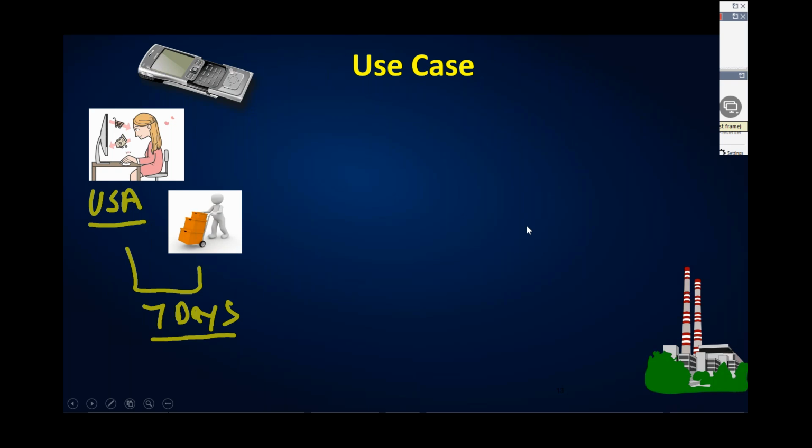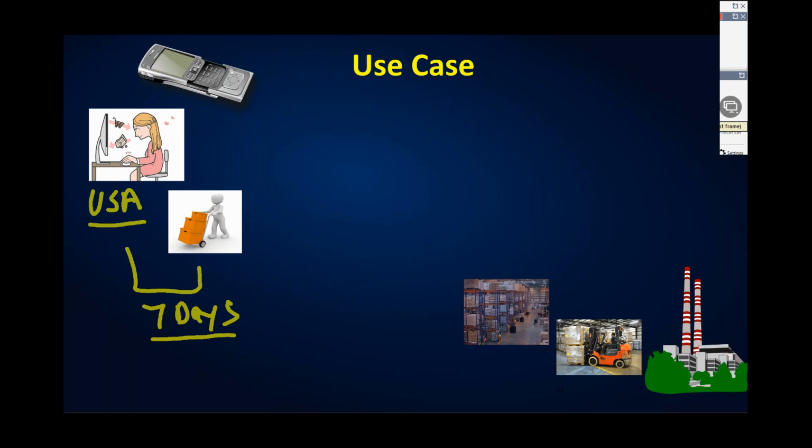And the manufacturing is going to happen in China. So we have a manufacturing process in China. All of the final assembly of the product will happen in China, and then it has to be dispatched to the warehouse, and from the warehouse it has to be shipped.